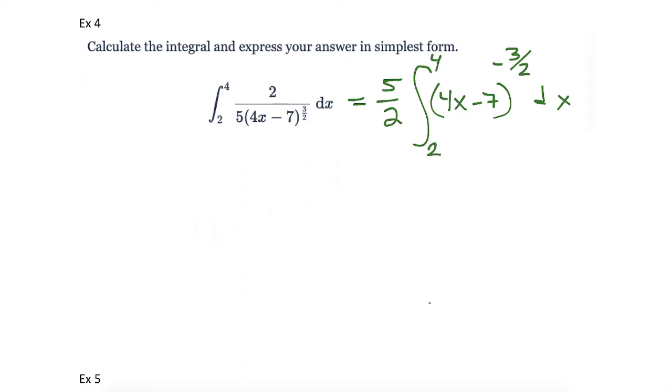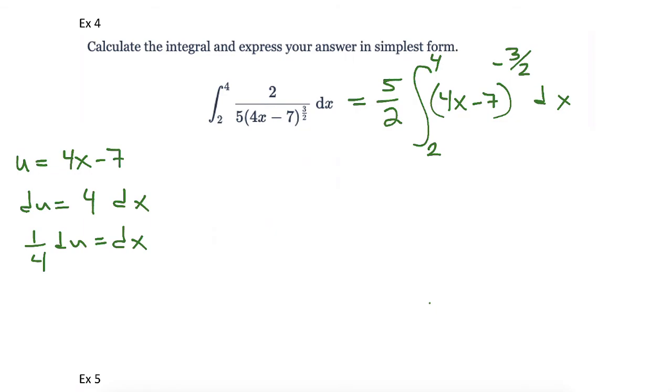But now I can do a u substitution on this. I can say u is equal to 4x minus 7, so du is equal to 4 dx, so 1/4 du is equal to dx. I'm just going to have that 1/4 with me.